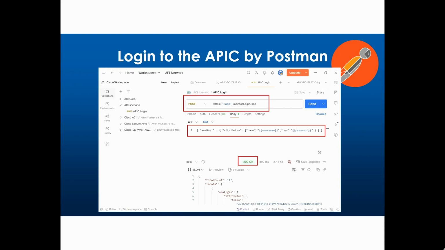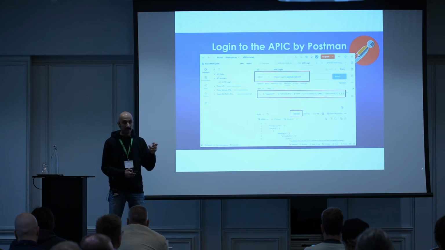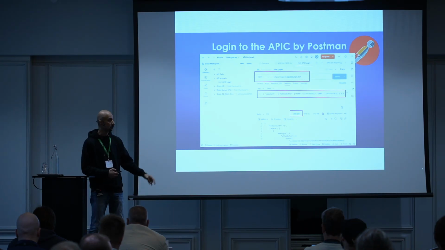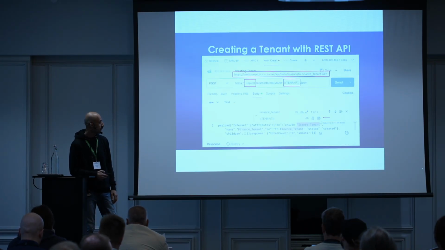First of all, we need to connect our Postman to the APIC by this login method. As you will see, we use a post method in order to create a connection with the ACI. In the middle of the picture, you will see the payload. We can use either text or JSON code. And 200 means the connection is okay.